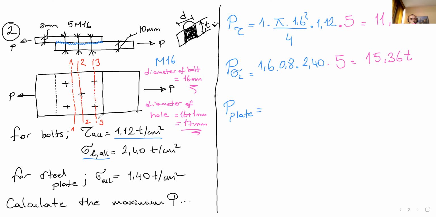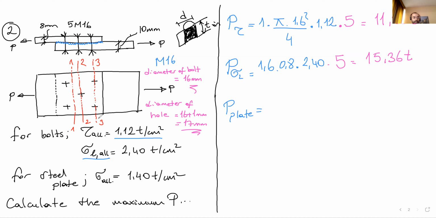So here, the critical thing is you have to consider the minimum area. The minimum area gives the capacity of that steel plate, because the weakest point on this steel plate is where the maximum bolts are located, which is section 3.